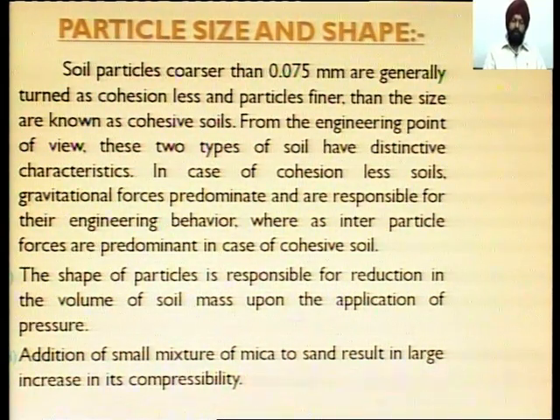So, there are two types of soil: the larger particle size, that is the cohesionless soil, and finer than 0.075 mm, that type of soil is known as cohesive soils. So, from the engineering point of view, these two types of soils have distinctive characteristics.